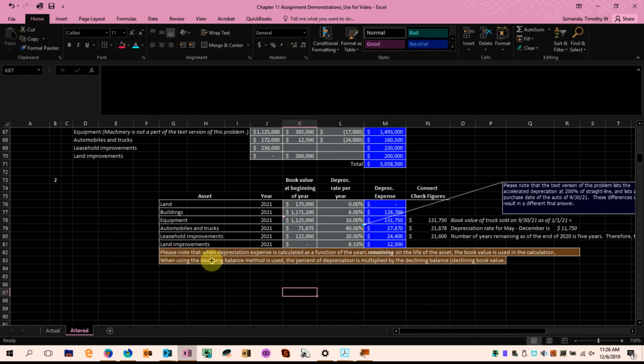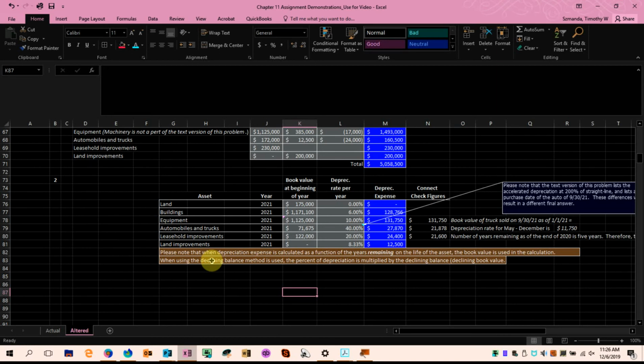Because when you're calculating depreciation expense, if it's a function of the remaining life of the asset, then you would use the book value. So if you're calculating depreciation expense and you're either changing depreciation methods or it's based on an ever-declining balance, then if it's based on whatever life is left of the asset, then you start with the book value and depreciate from there.